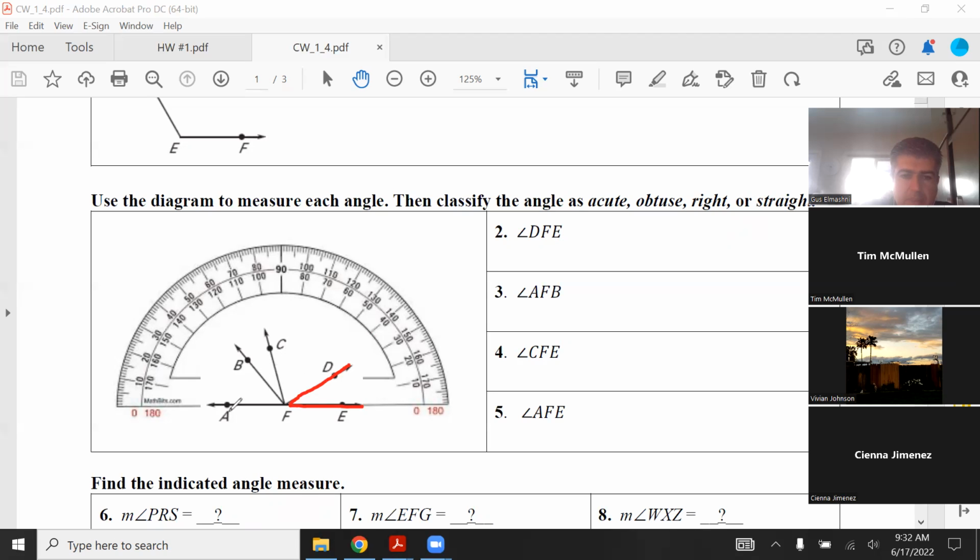Angle AFB, is that going to be acute, obtuse, right or straight? And then CFE and AFE. And so you could just type in the chat, like, number 2 is this, number 3 is this, number 4 is this, number 5 is this. So go ahead and do that right now. Should only take a few seconds. And I'll take a look at the chat once we get more people chiming in. And don't be shy.